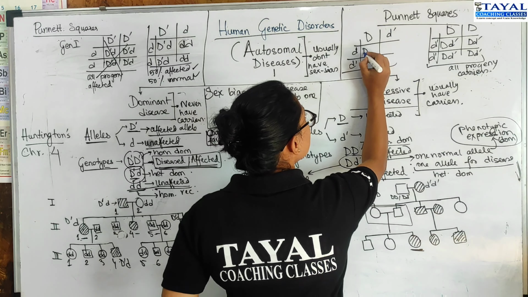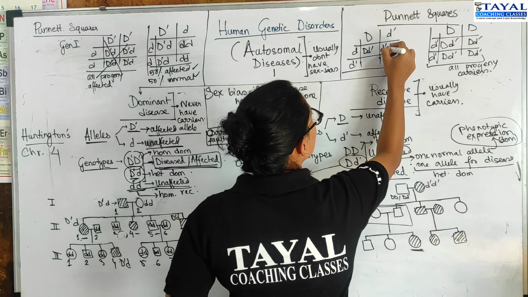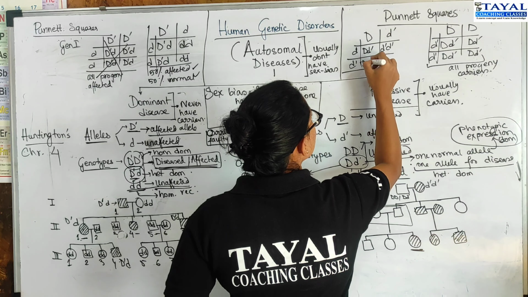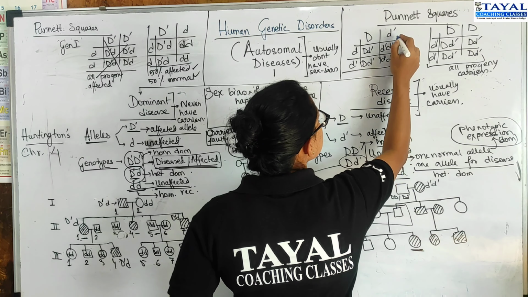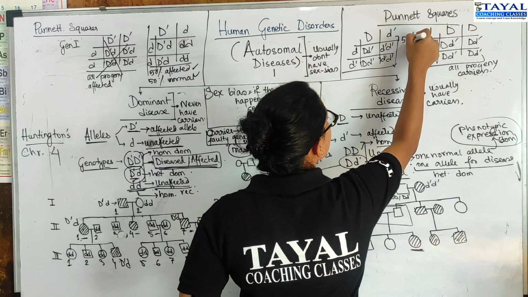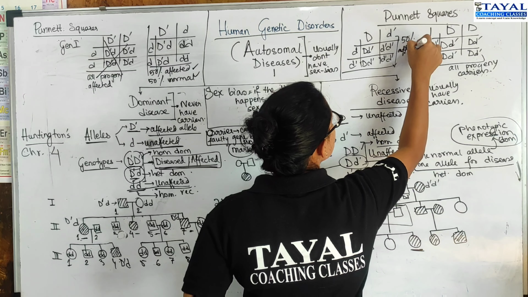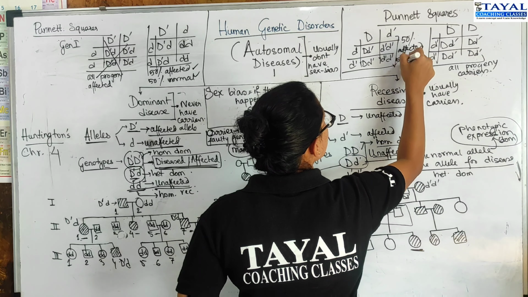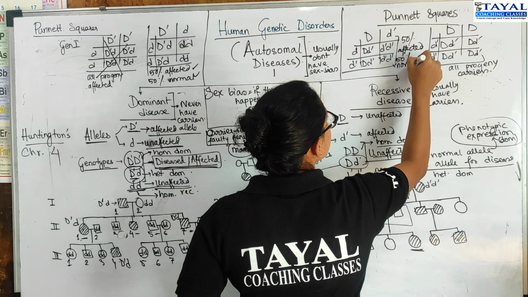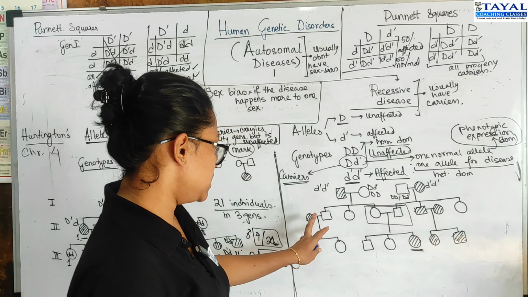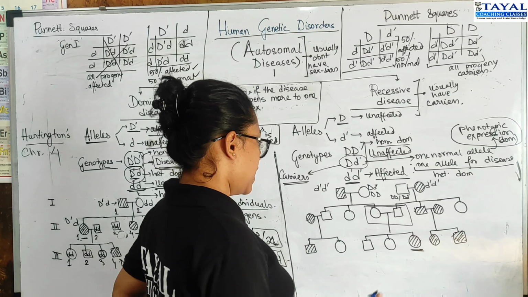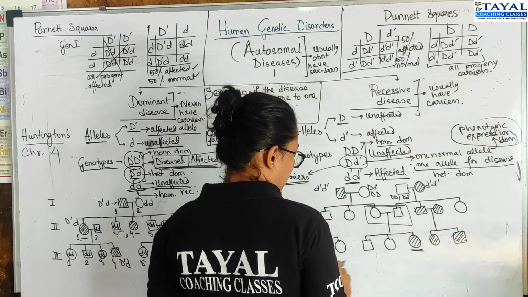However, here you can have a 50% chance of the disease. So 50% affected, 50% would be normal. Correct? So now let's see if these couples have had any diseased child or not.